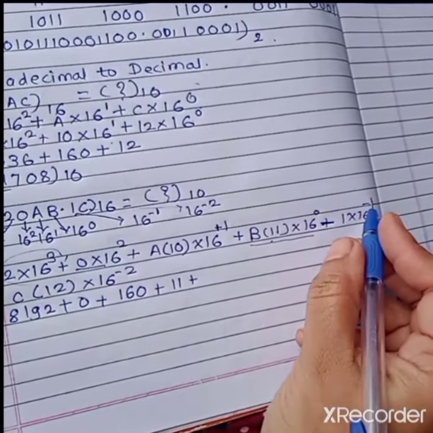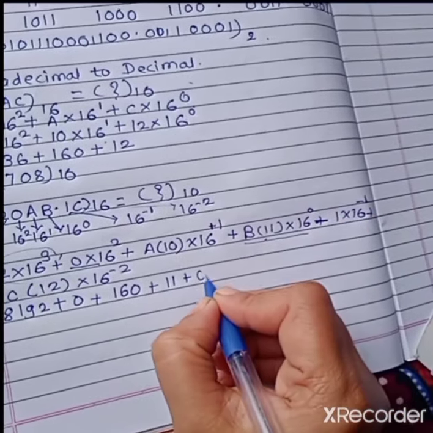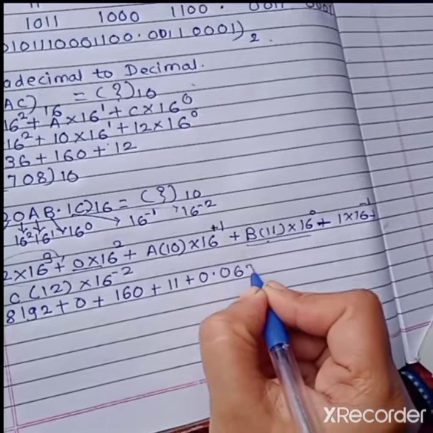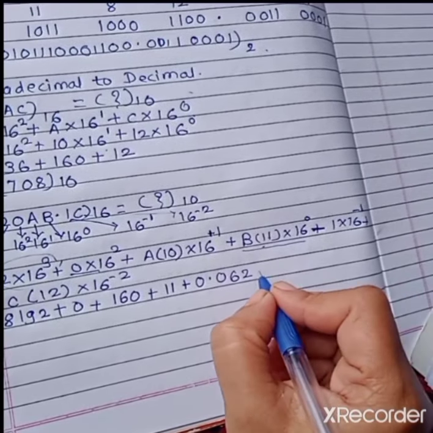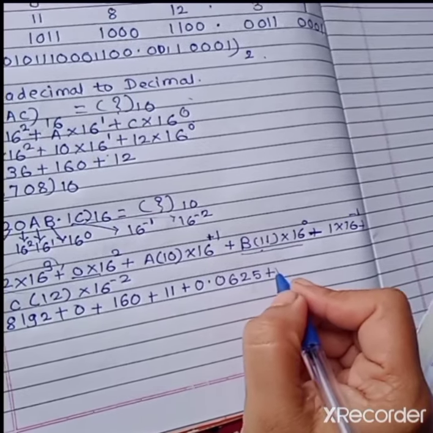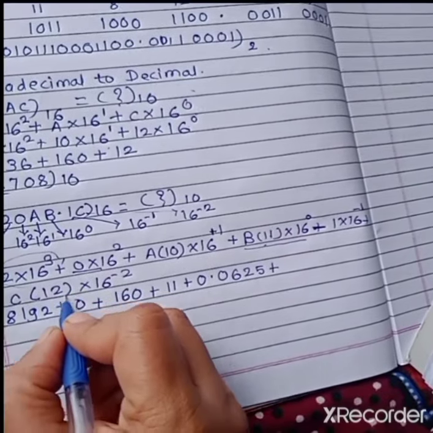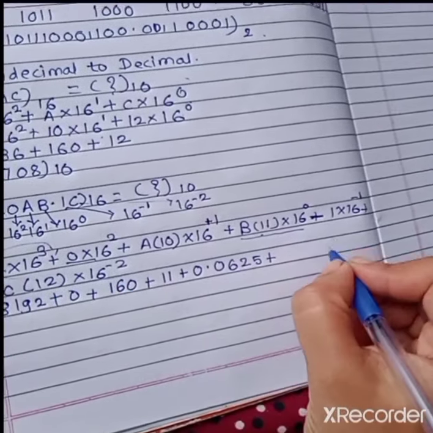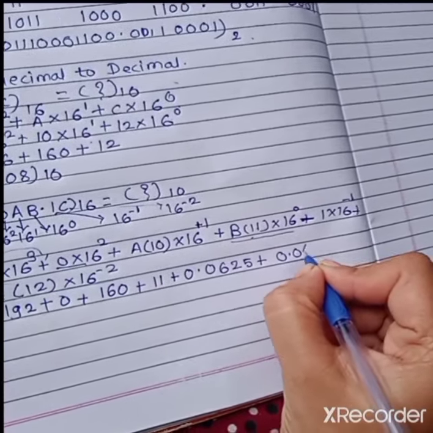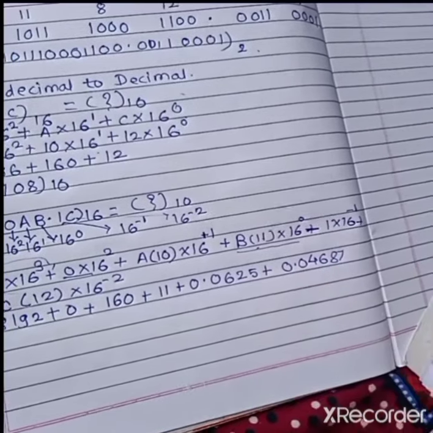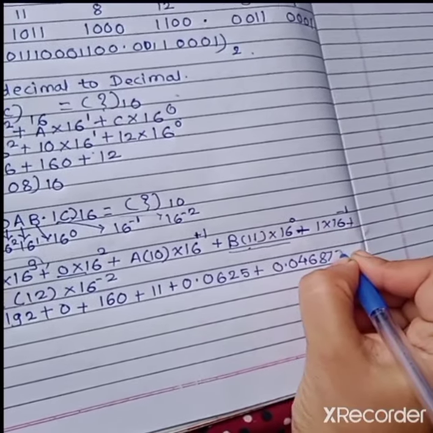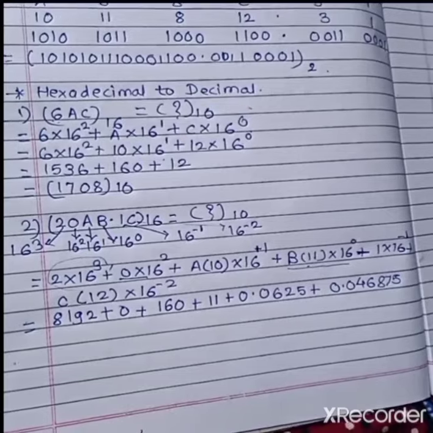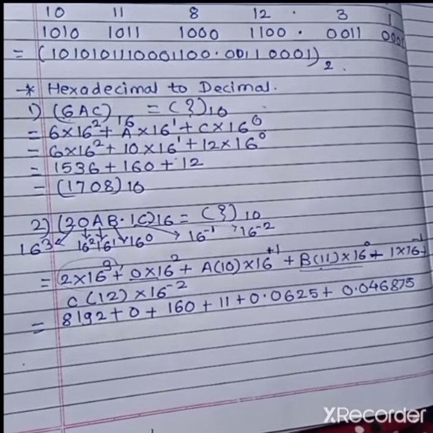Then 16 raised to minus 1 is 0.0625, and the multiplication of this is 0.046875.